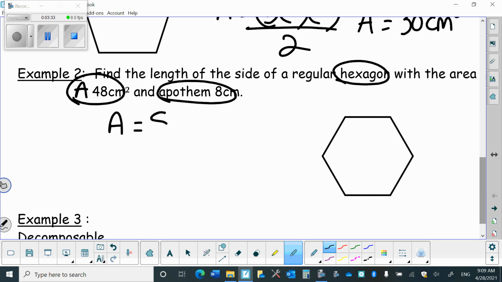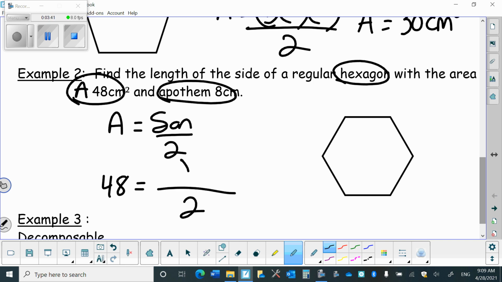Easy. Use your formula, fill everything in. Your area is 48. Divided by 2 never changes, and I have 3 things I'm multiplying up. My s is what is missing. That's your x. Your a is 8, and your n is 6 for the hexagon.